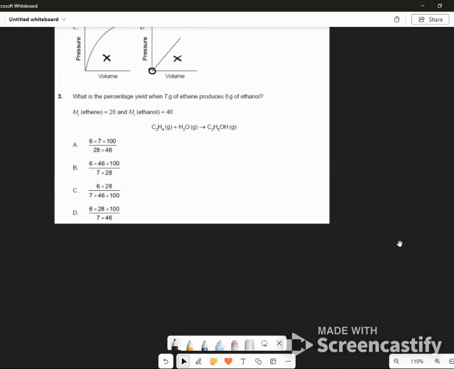All right. What's the percentage yield when 7 grams of ethene produces 6 grams of ethanol? Okay. So from 7 grams of ethene, the number of moles of ethene is 7 divided by 28.